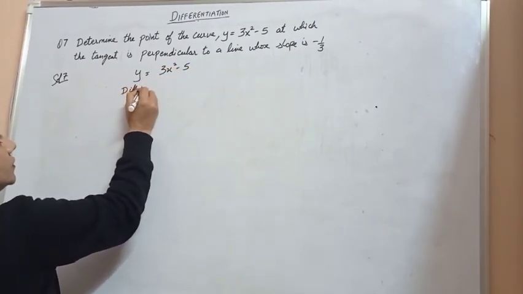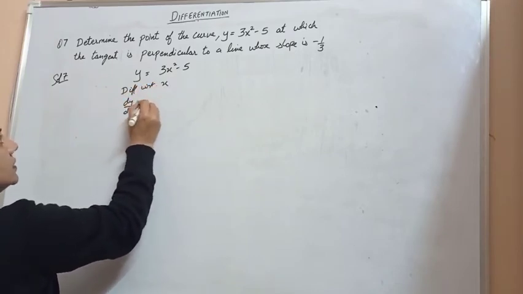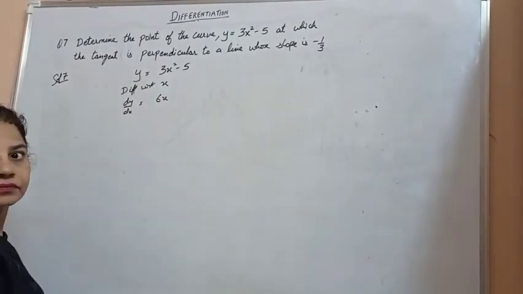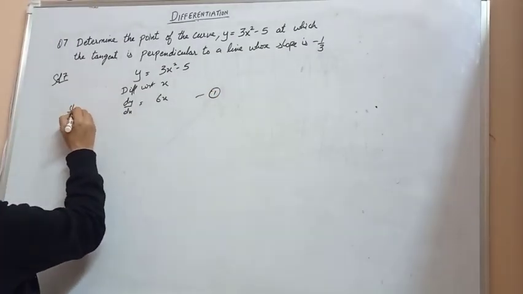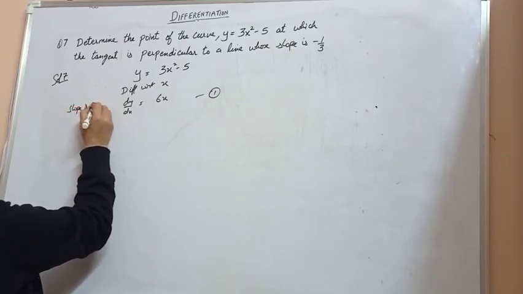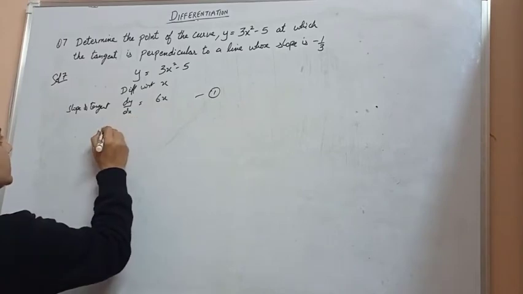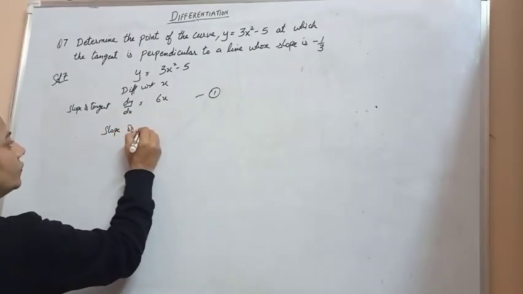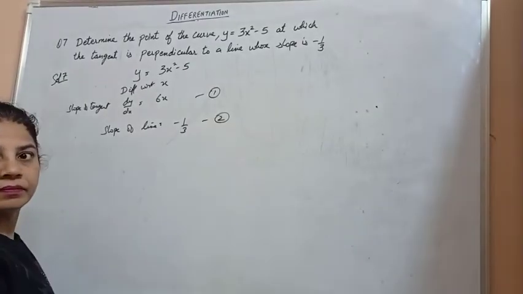Differentiate with respect to x. dy by dx is equal to 6x. This is my first equation, the slope of tangent. And the slope of line is minus 1 by 3. This is my second equation.